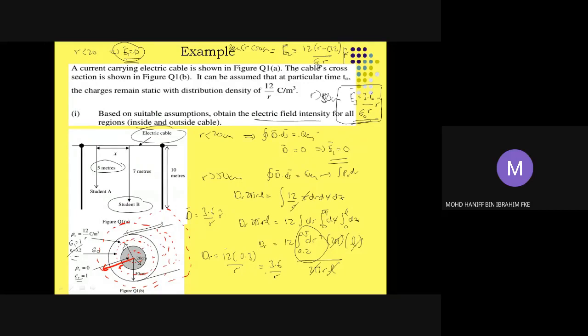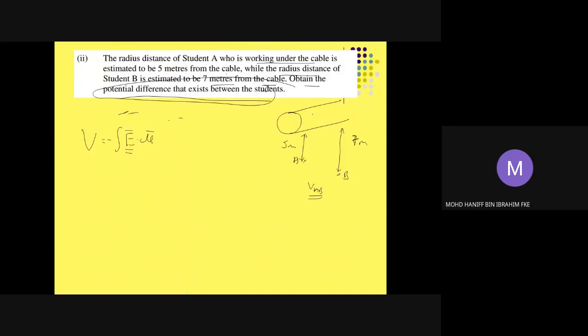Then we have R between 20 and 50, and then we have R bigger than 50. So in this particular case, which electric field terms shall be used? We have R less than 20, which is E1 equals 0. R between 20 and 50, we have E2, which has its own equation.